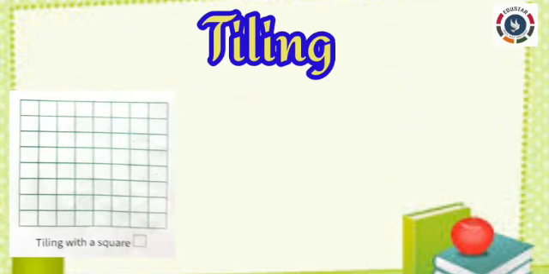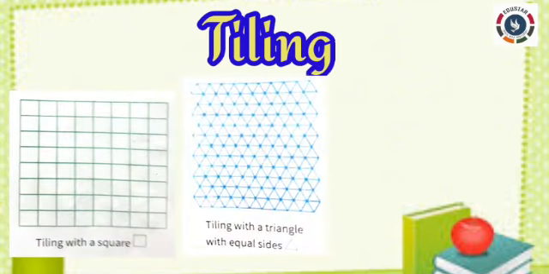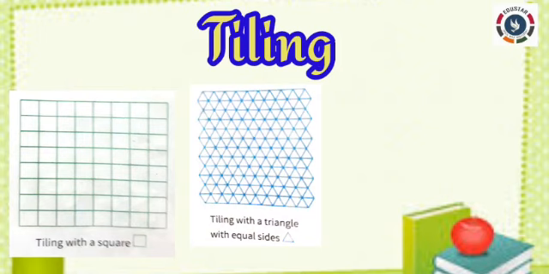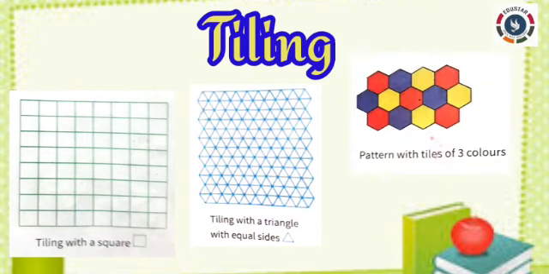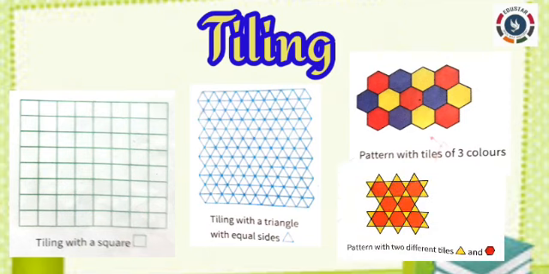Tiling with a square, tiling with a triangle with equal sides, pattern with tiles of 3 colors, pattern with 2 different tiles. In those examples, do you see any gap between the shapes? No, right? So, those are all tilings.